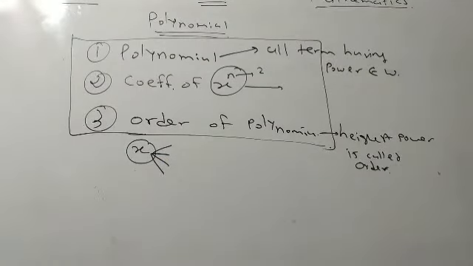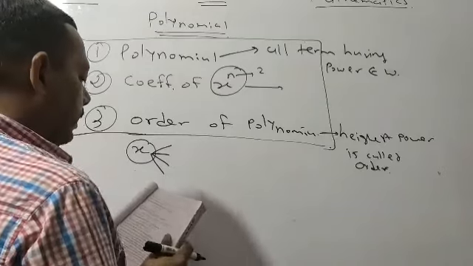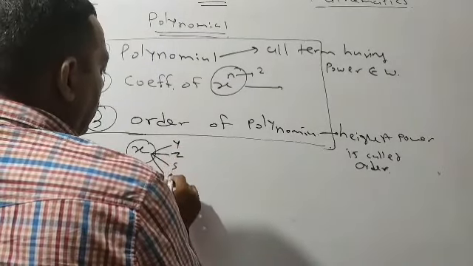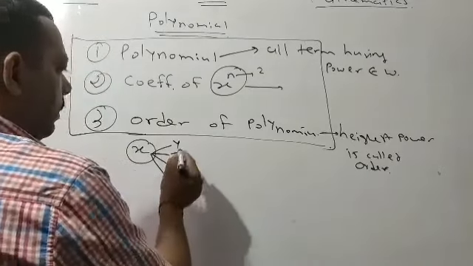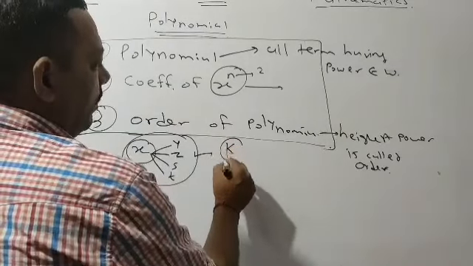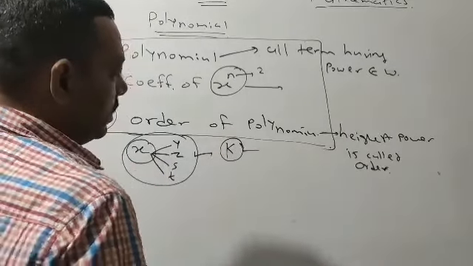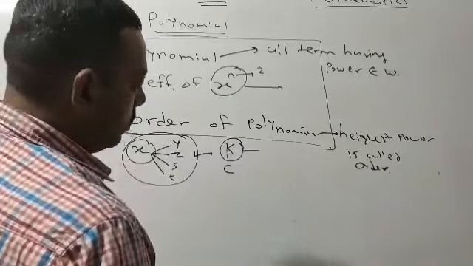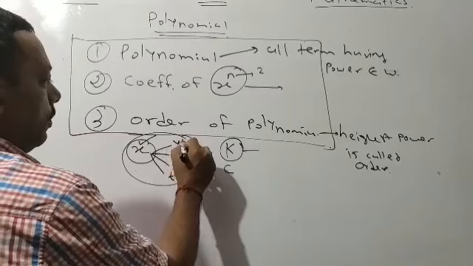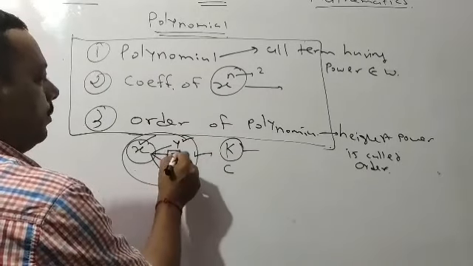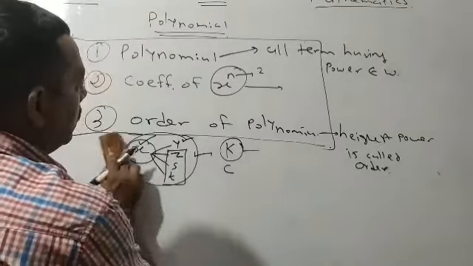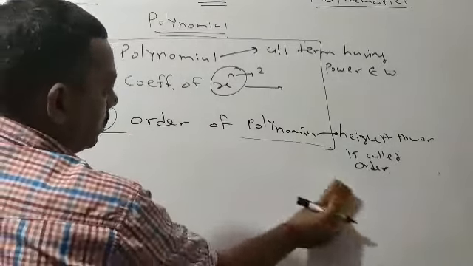Usually they will use x, y, z, s, t. Most probably they will use this kind of expression because normally we consider k as a constant, sometimes c as a constant. So usually they will prefer to write x or y, but be prepared, they might use z, s or t. Now we will start with the first question.